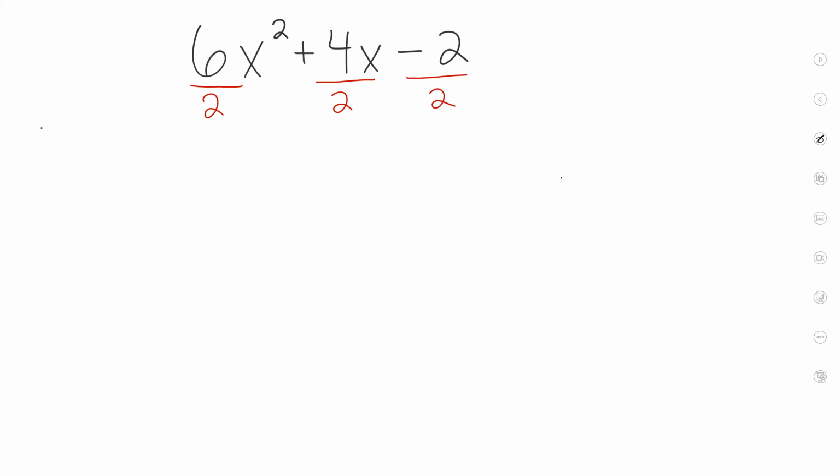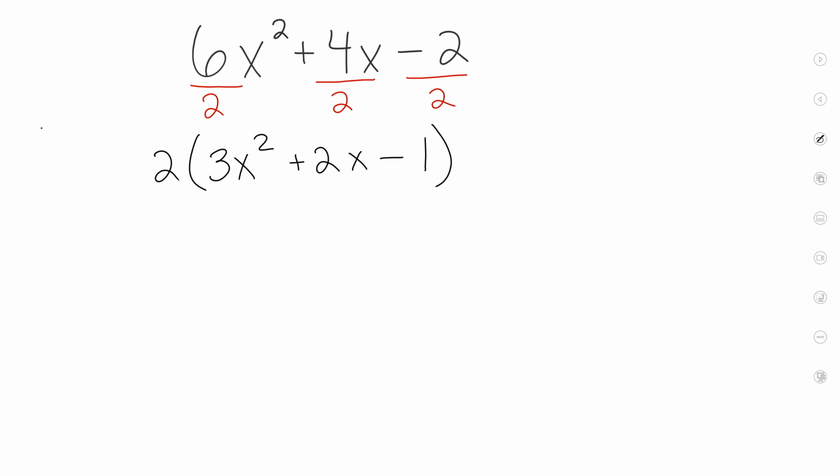So when I simplify this, 6 divided by 2 is 3. 4 divided by 2 is 2. 2 divided by 2 is 1. So now it's simplified. Since I divided everything by 2, put a 2 on the outside.